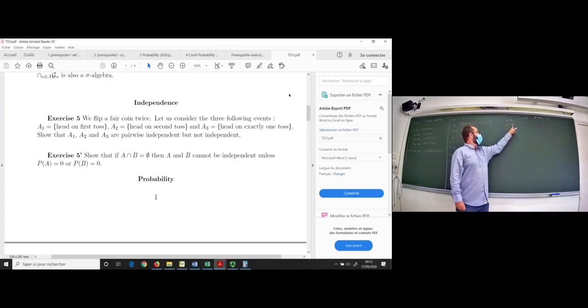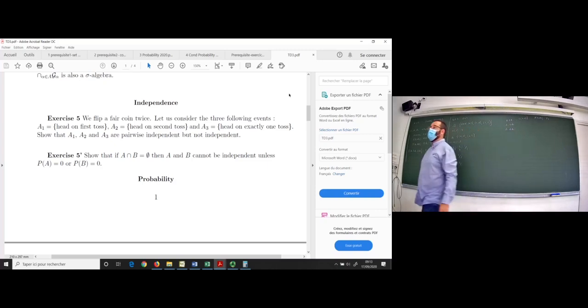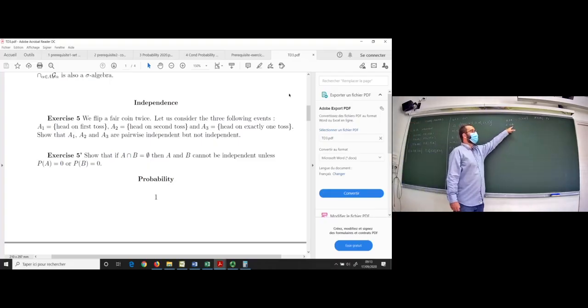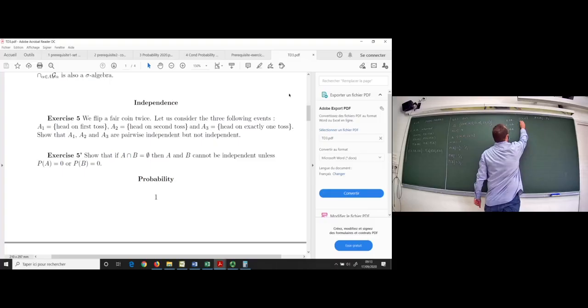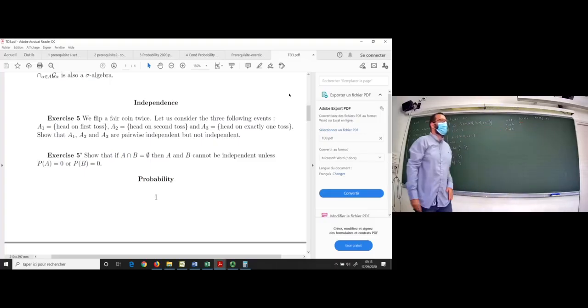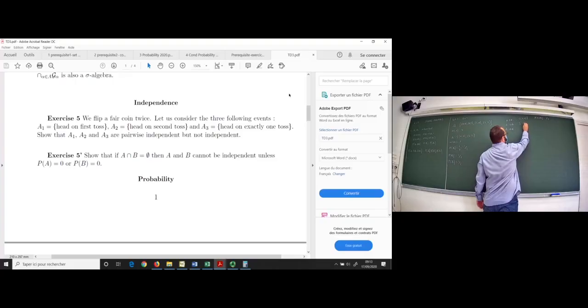A1, A2; A2, A3; A1, A3. So are you okay that the probability of A1 intersected with A2 is equal to 1 over 4? What do I have in A2 intersected with A3? Head on the second and head on exactly 1, so it means that it is tail, head. I don't have the choice.